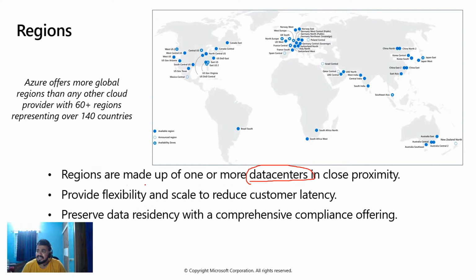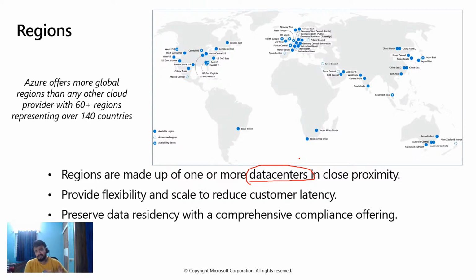Now regions are nothing but one or more data centers in close proximity. What does this mean? Say I have Bangalore, and in Bangalore I have probably three data centers. In Bangalore there are some good areas like Koramangala, Electronic City, and Whitefield. So I have my data centers over here in three places as a Microsoft guy. Similarly in Chennai, I have three more data centers.